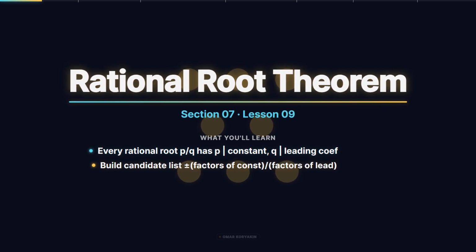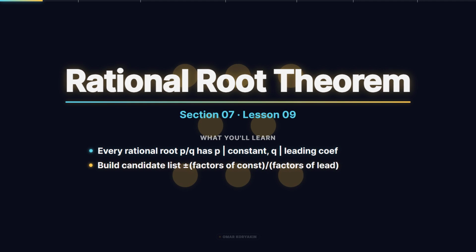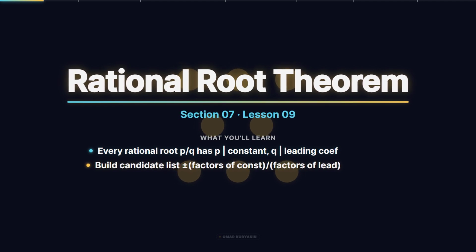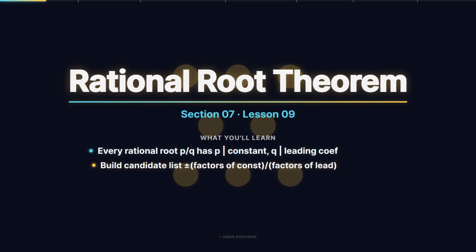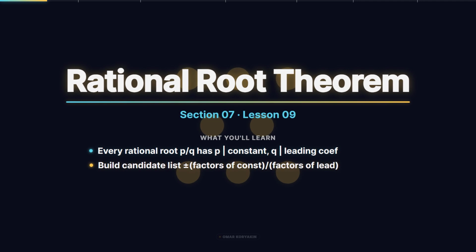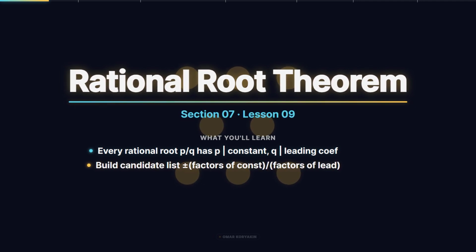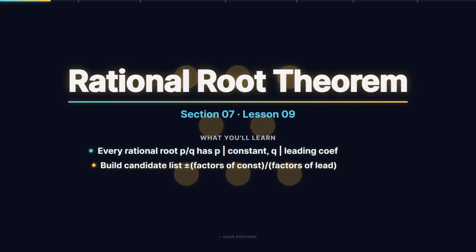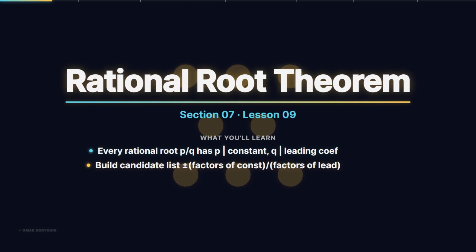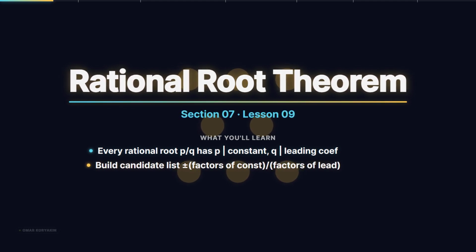Second idea, building the candidate list. To construct a rational root candidate list for a polynomial with integer coefficients, identify all positive integer factors of the constant term and call this set P. Identify all positive integer factors of the leading coefficient and call this set Q. The candidate list is plus or minus P over Q for every combination of P in the constant factor set and Q in the leading factor set.